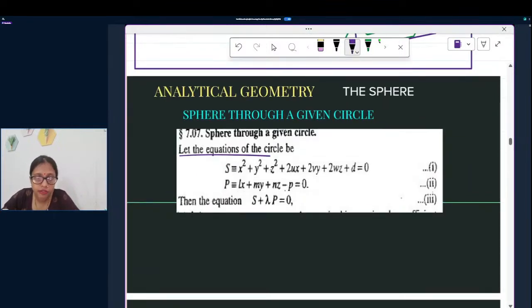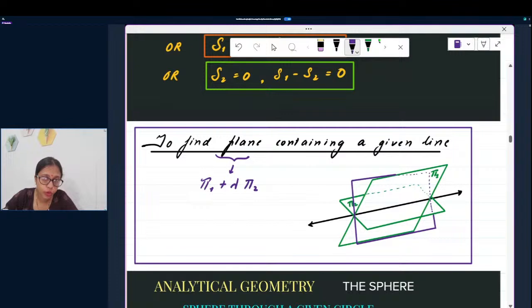So to find the equation of a plane whose given line is in general form, it is easy, right? Then I can find a random plane passing through that given line because I already have two planes passing through it.